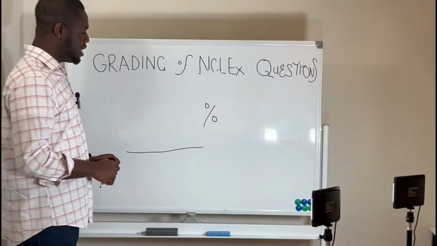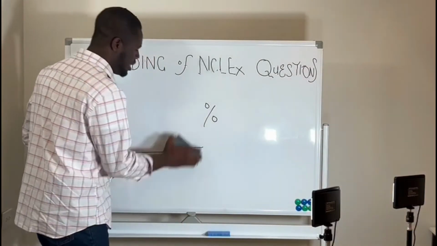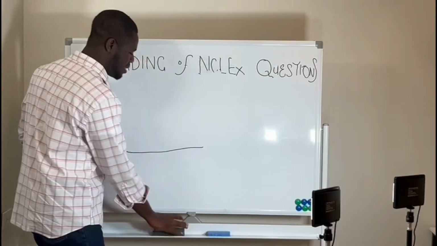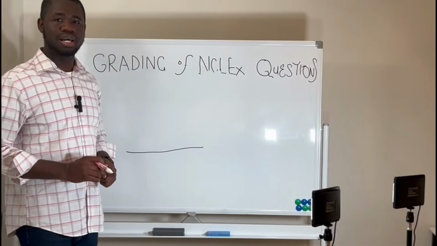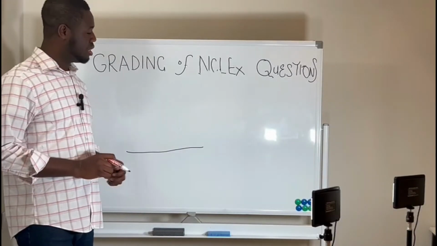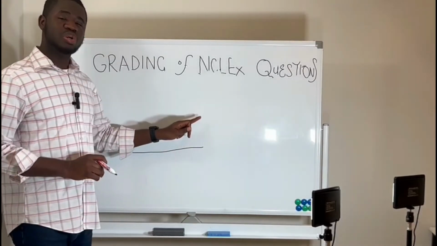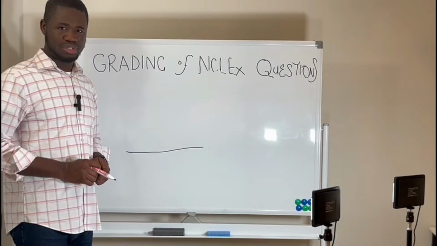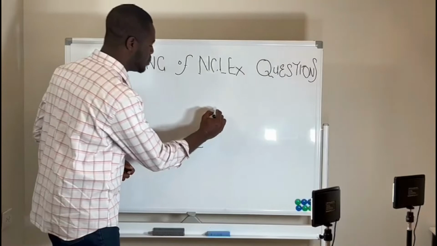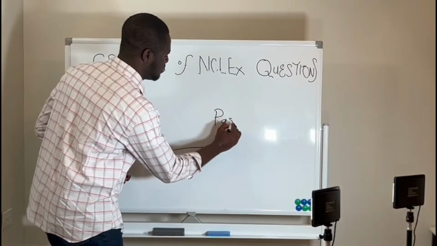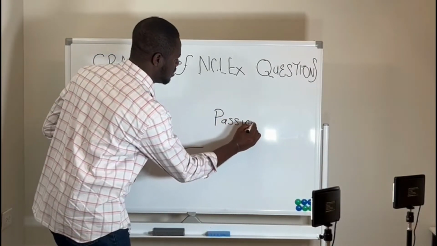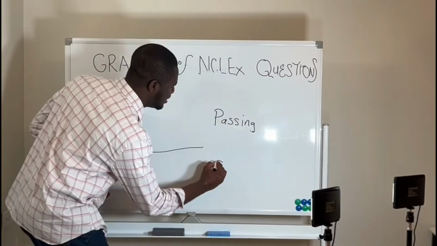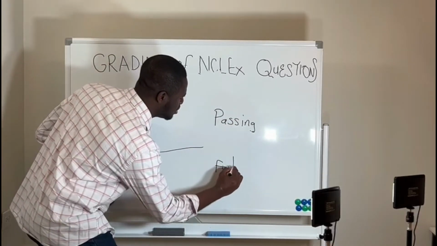So, in this curve, the computer assesses your passing and failing. There are two types of zones in the grading of NCLEX. We have the passing zone. We also have the failing zone.